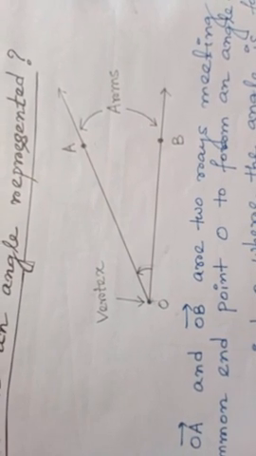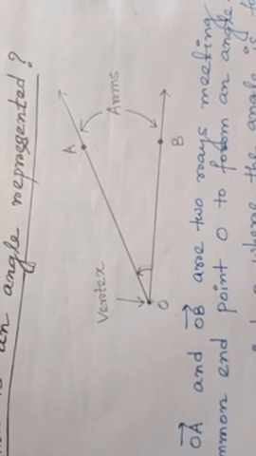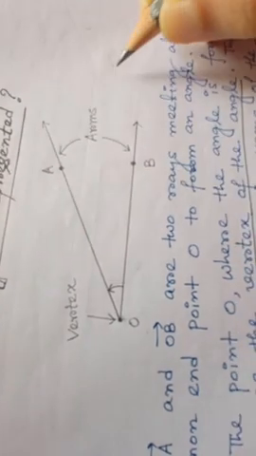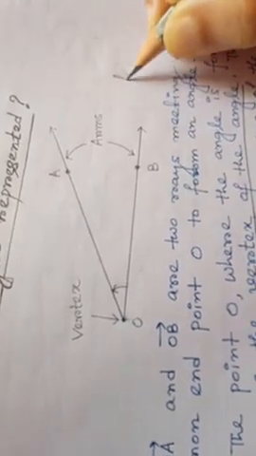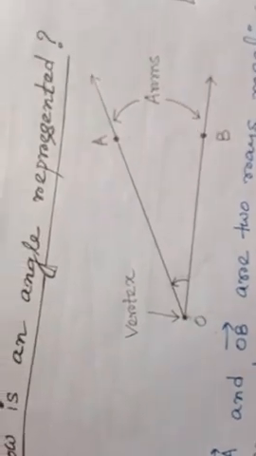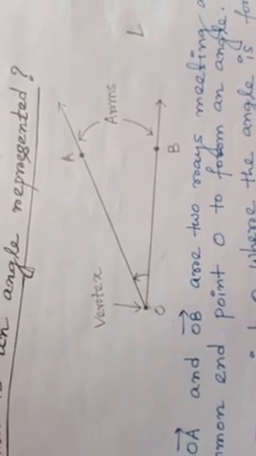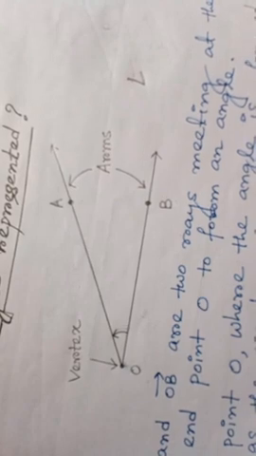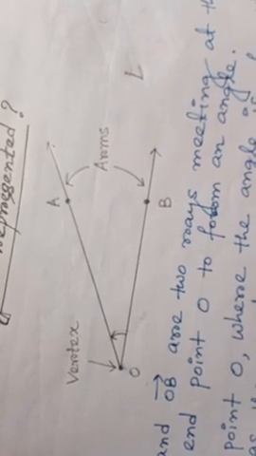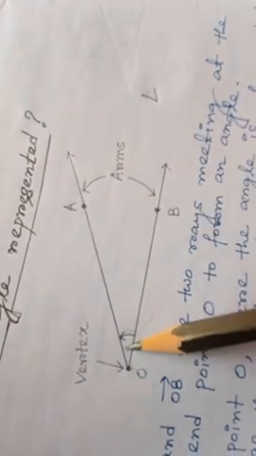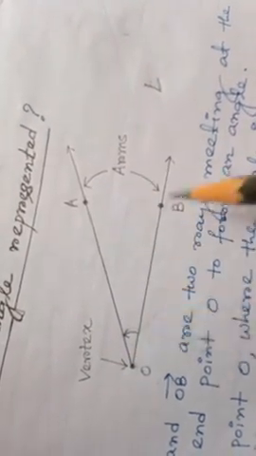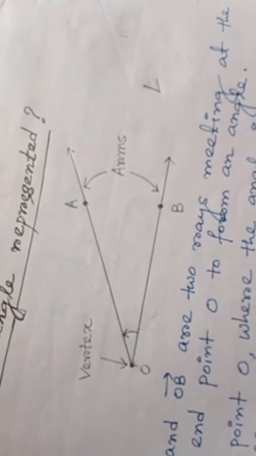What symbol can we use to represent an angle? We can use this symbol to represent the angle. Here you see these two rays OA and OB are the arms of the angle, and the point O is the vertex of the angle.